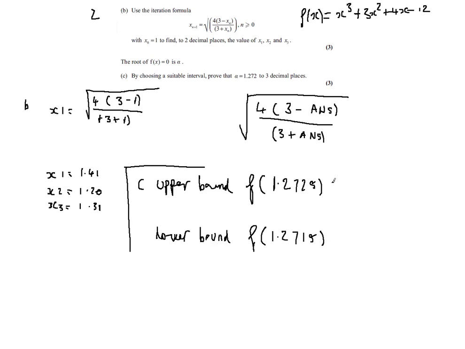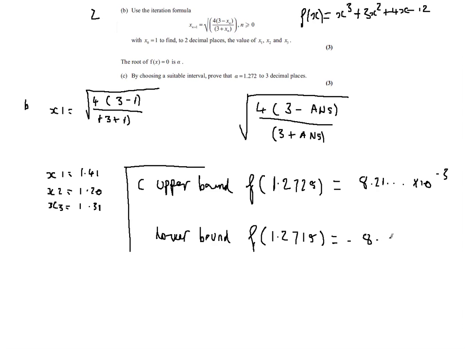If we plug these values into the equation at the top, we get that this is a very small positive number, which I'll leave in standard form because that's how my calculator left it, and this is a very small negative value.